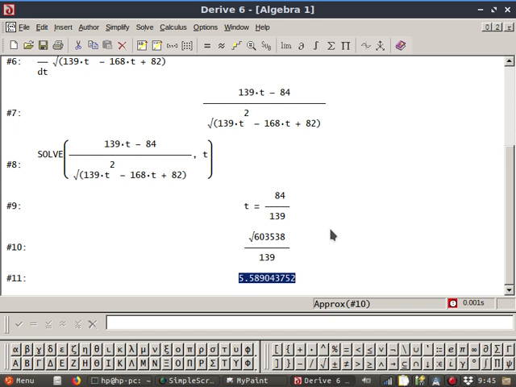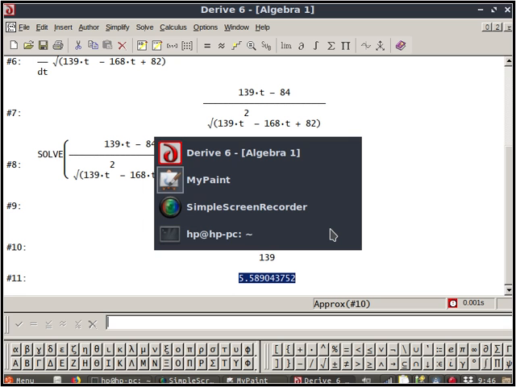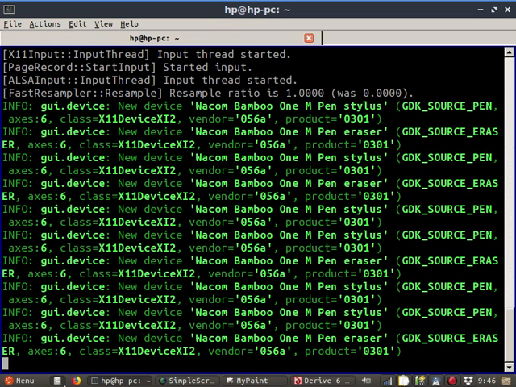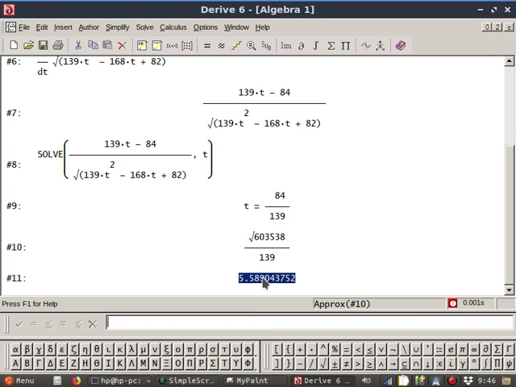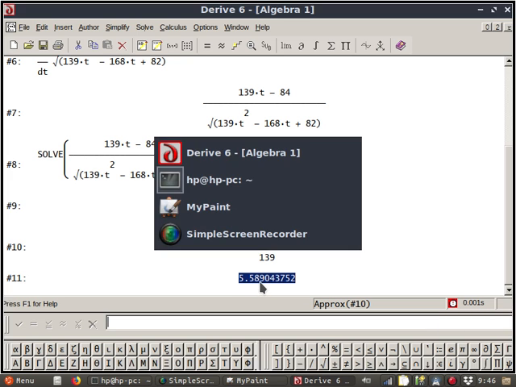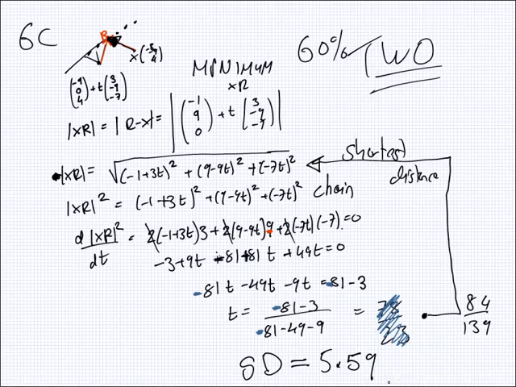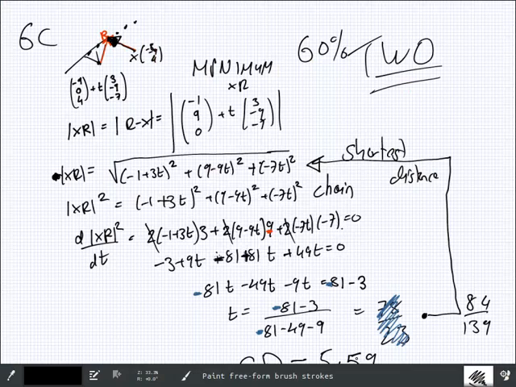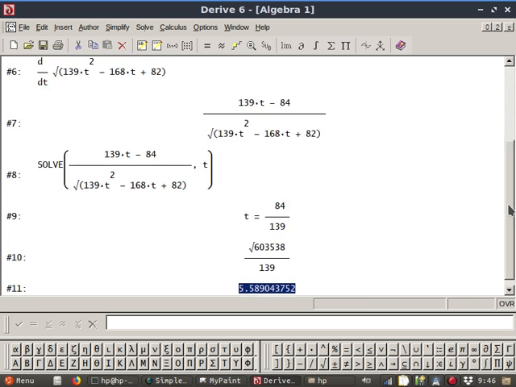I'm right. This answer, this 6C, is wrong. Well, let's check the other answers while we're here. Did you write that answer down? You wrote this down, 5.59. Okay, so let me just check the other answers.